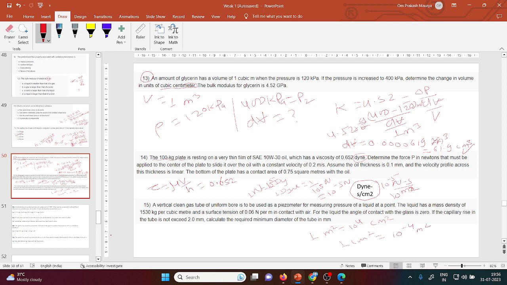So you need to put 10 to the power minus 4 here. You will get 1 by 10 Newton second per meter square, so here you divide by 10. So the viscosity unit here is Newton second per meter square.